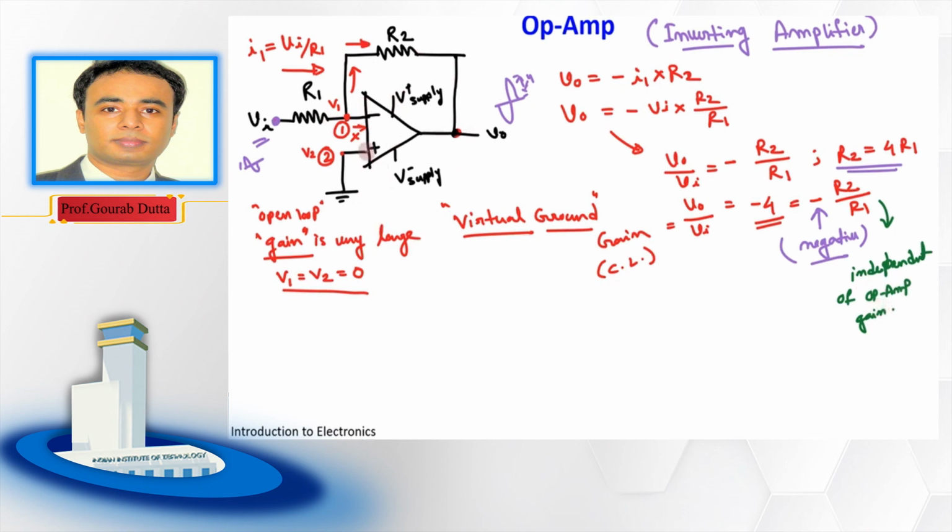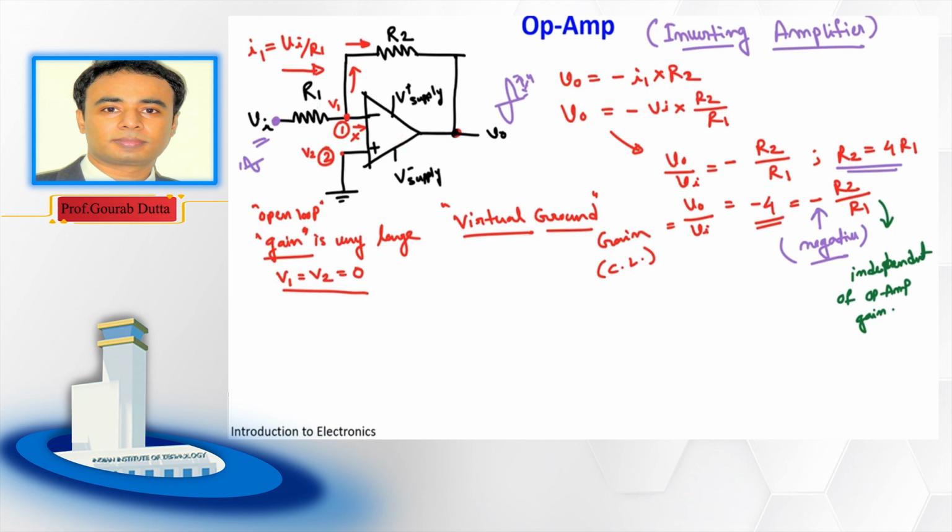If you use it in an open loop condition, the op amp gain can vary a lot, because depending on the manufacturing it is very difficult to control that gain exactly. But now we are using the property of very high gain of the op amp, and ultimately for the closed loop circuit the gain is independent of the op amp's gain. Is that clear? Fine.